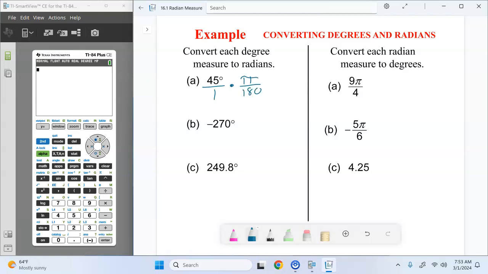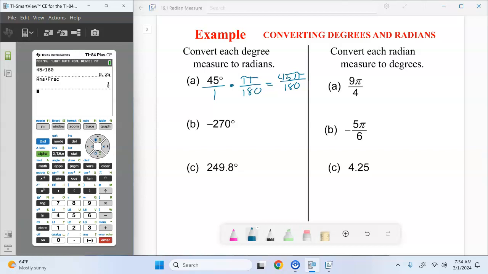Whenever we're going from degrees to radians, we just multiply by pi over 180. Typically, when we are converting from degrees to radians, we are going to leave an exact value in terms of pi. So it gets really simple. There's not a lot of extra work. We just want to simplify the fraction. Your calculator will do that for you.